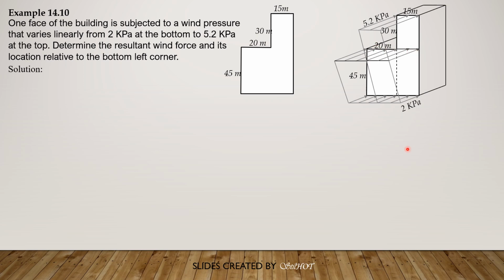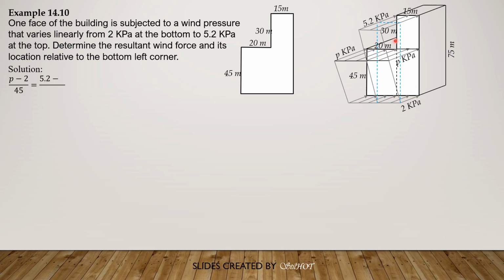So we apply similar triangles. Let's call the total pressure as P. So this is P minus 2 over 45 equals 5.2 minus 2 over the total height, which is 75 meters.